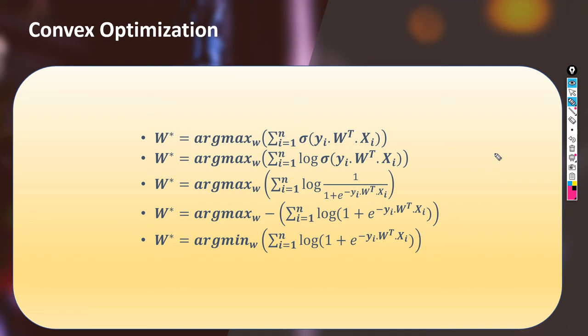Then a small explanation of what a convex function and a non-convex function are, and how we can make our optimization function for logistic regression a convex function. In the next video, I will show you how we can fit the training, how we can best fit the logistic regression from this optimization point of view.